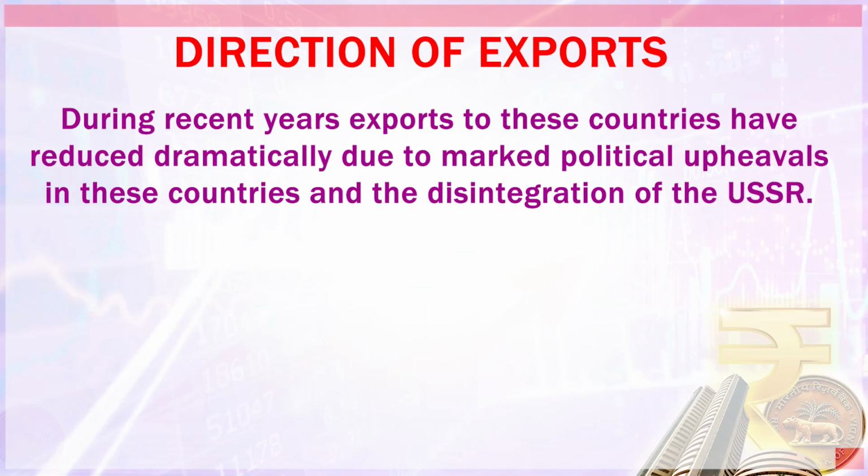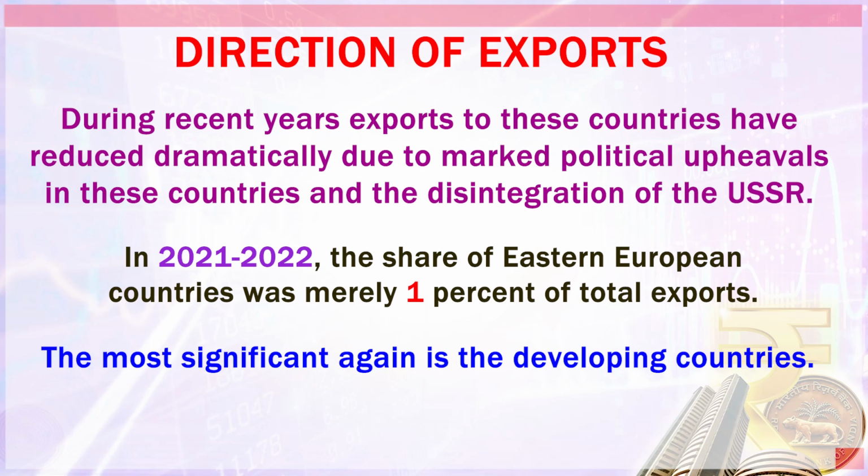After that, its percentage reduced due to some political upheavals, and in recent years, the war between Russia and Ukraine has also decreased the percentage of India's export to the Eastern European countries. In 2022, India exported only 1% of its products to these countries.